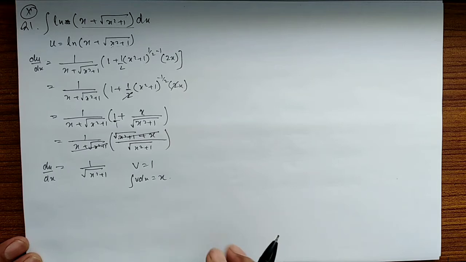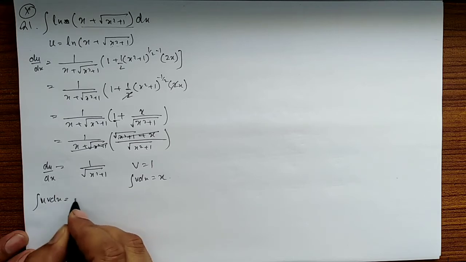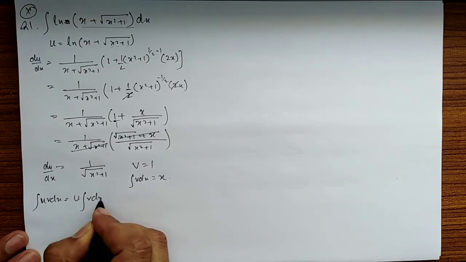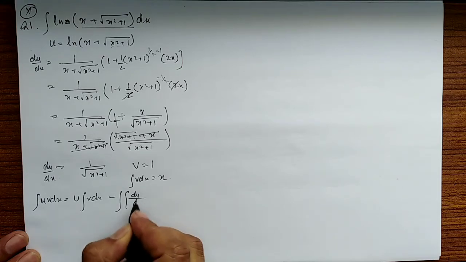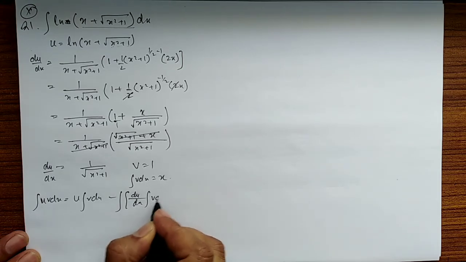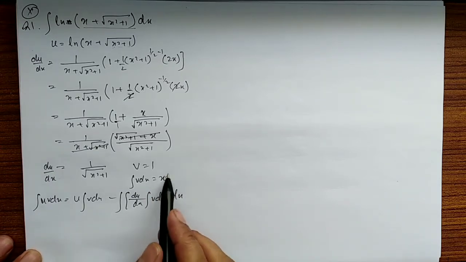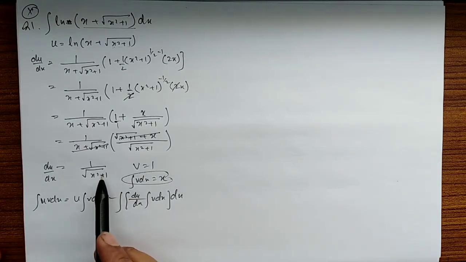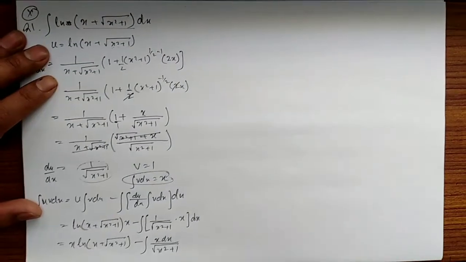So putting the values into the formula, u into the integral of v dx minus the integral of du upon dx times the integral of v dx, putting the values in, we get this sentence.